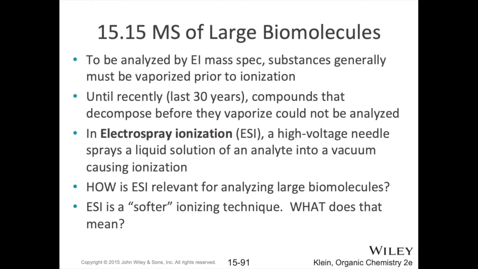So instead of firing a beam of electrons, you use a high voltage needle in your evacuated sample to convert it into a form that will make its way towards the detector.